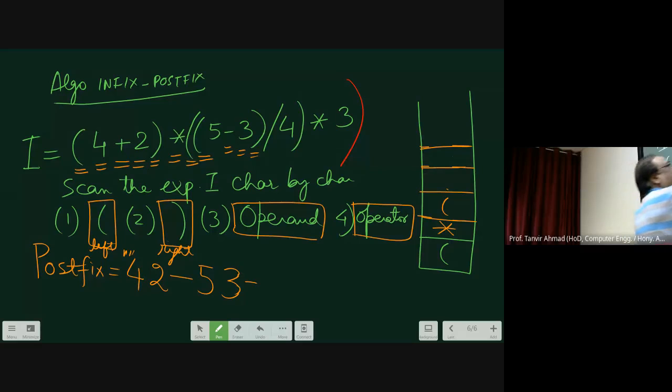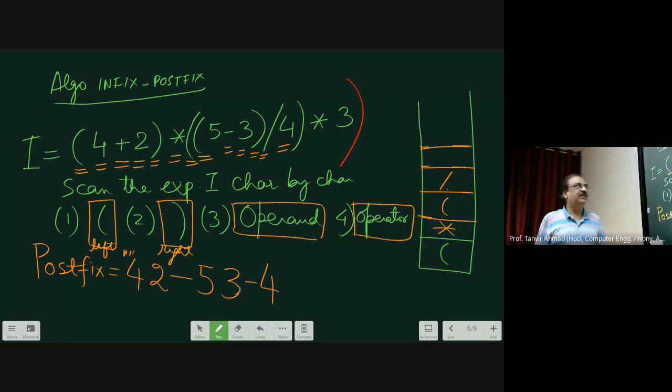Then I get the slash. I will put the slash over there. Then I get 4, and I will add 4 over here. Then I get the right bracket. When I get the bracket, I pop this slash, add it over here, and I will discard this bracket also.